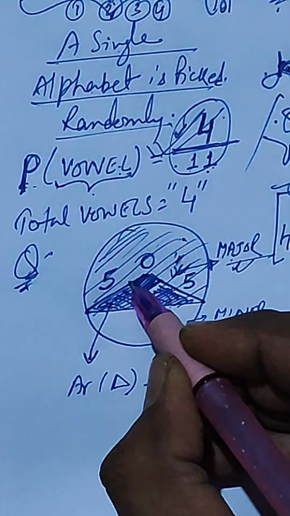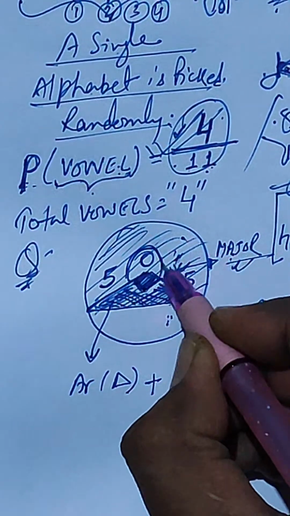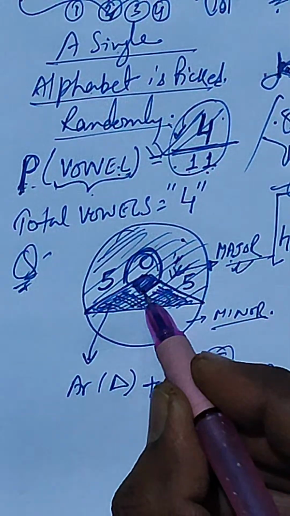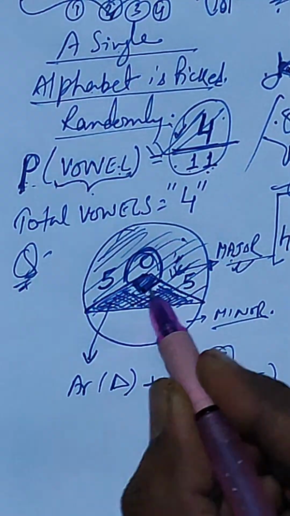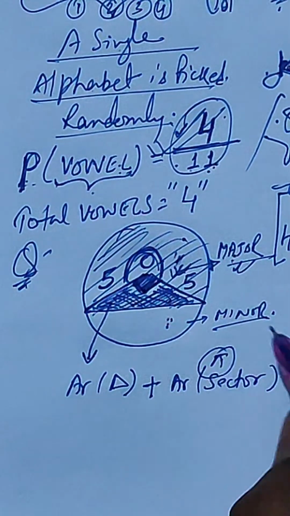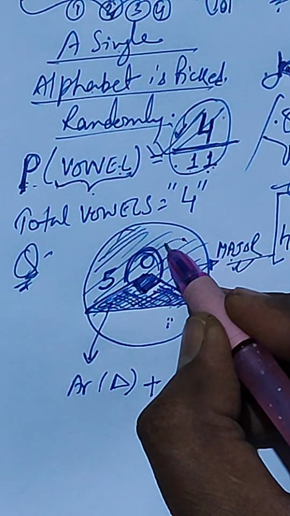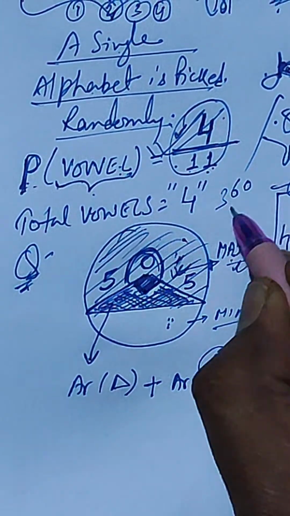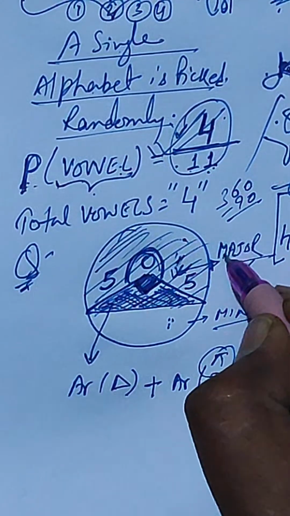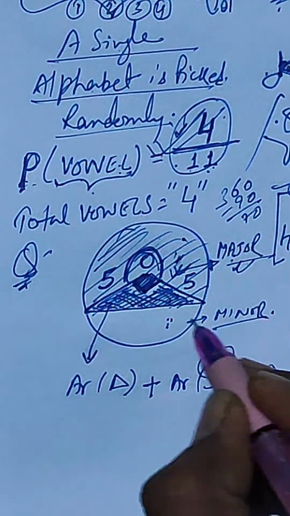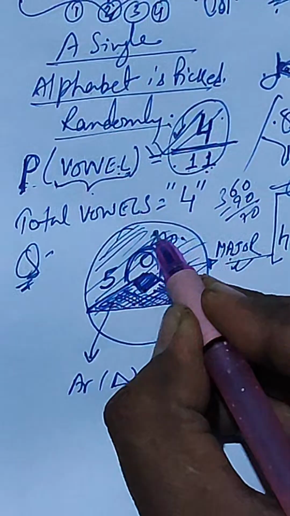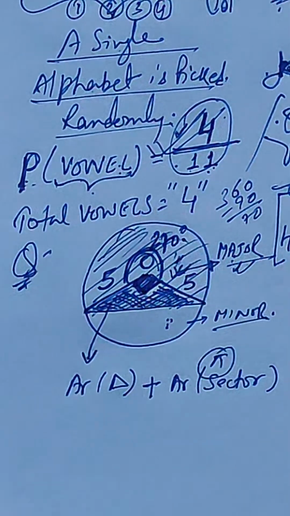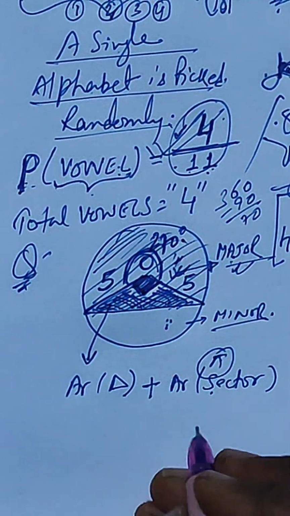Which sector? The sector which covers this angle. What is this angle? If this angle is 90, then definitely the other angle will be 360 minus 90, which is equal to 270 degrees, right?